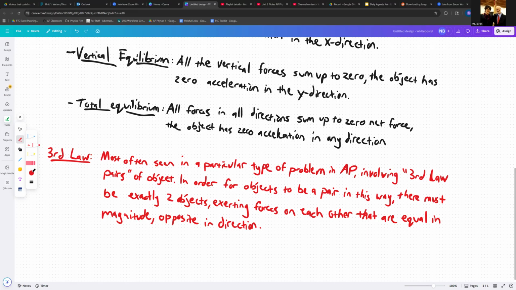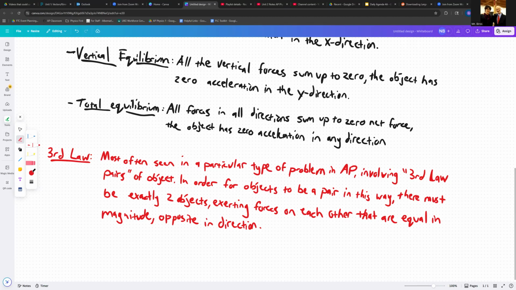You're going to have to look at the scenario and ask, in this situation, do I have exactly two objects that are exerting forces on each other? If you can pick out a pair of objects exerting forces on each other, and those forces are equal in magnitude but opposite in direction, then you have a third law pair. Common examples would be gravity.